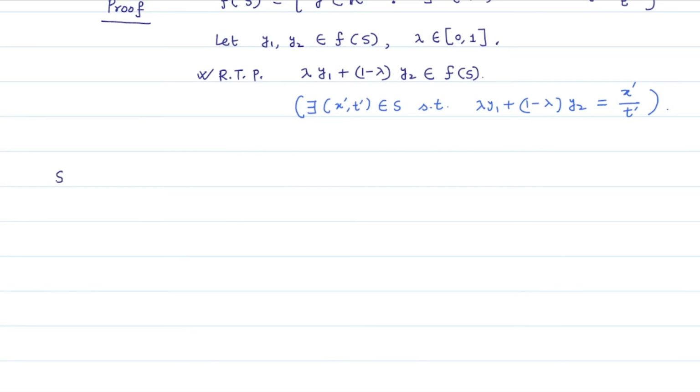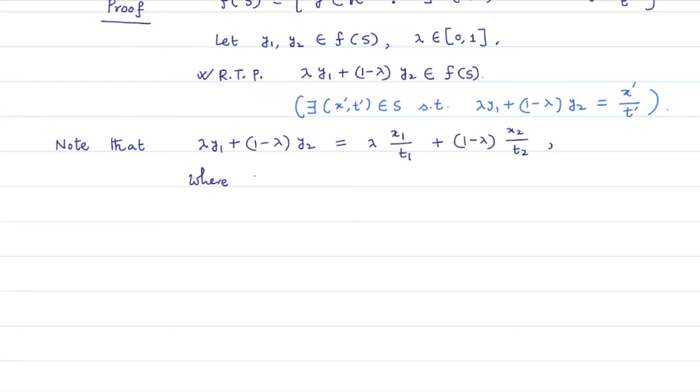Now we see that this expression lambda y1 plus (1 minus lambda) y2 is given by lambda times x1 by t1 plus (1 minus lambda) times x2 by t2, where this coordinate (x1, t1) is such that f of (x1, t1) is equal to the vector y1, and this coordinate (x2, t2) is such that f of (x2, t2) is equal to the vector y2.